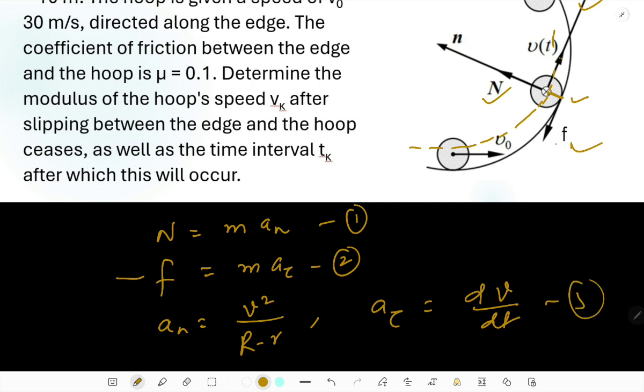And now I'm going to write the equation of moments, because it's also rotating. So I'm going to write a torque equation about an axis passing through its center of mass.